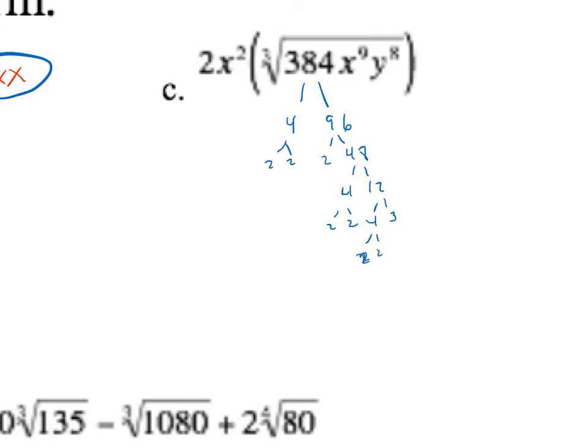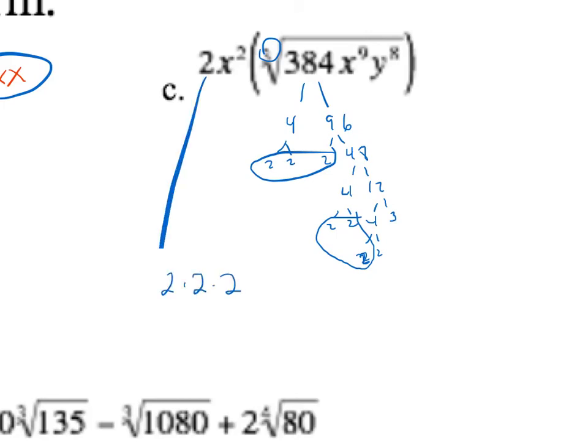All right, we're looking for groups of 3. So we have 1, 2 groups of 3. So we're going to pull out 2 2's. So that 2 comes down.